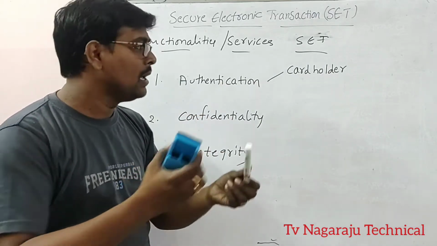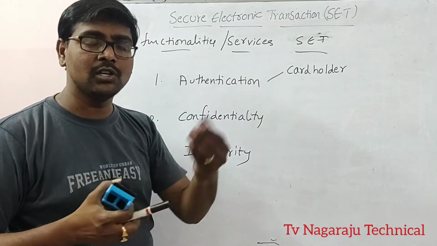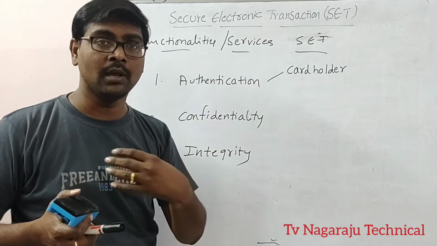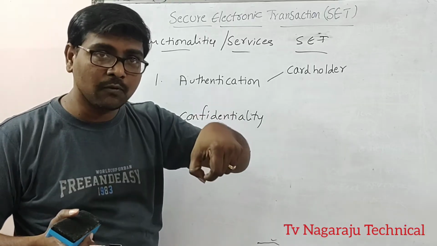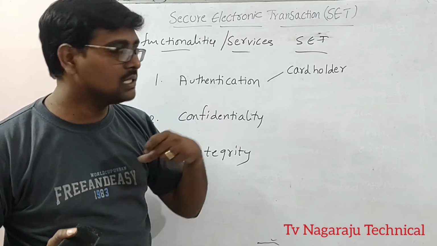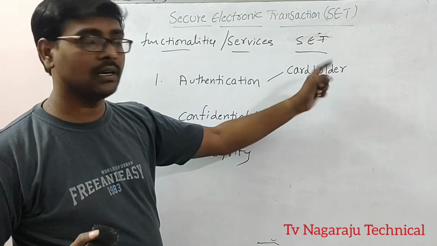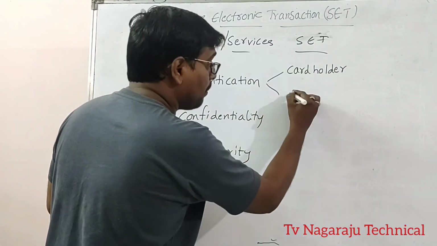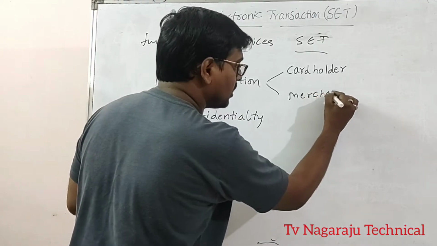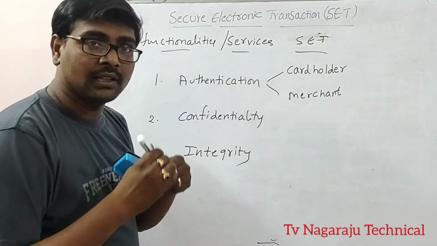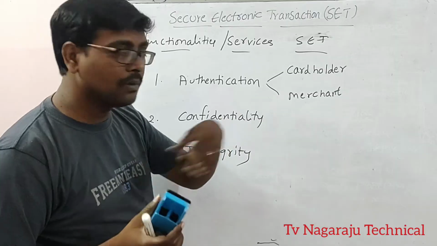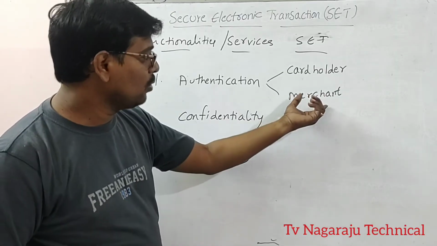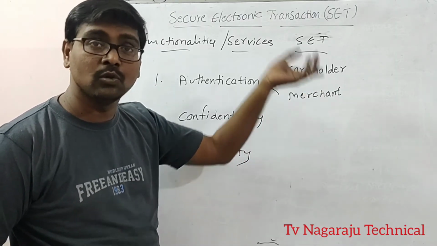I think you know that one. After entering the credit card information, you receive an OTP on the phone. So the person who owns the phone receives the OTP message, and only then does he enter it. So that is cardholder authentication. Now merchant authentication. I give the payment, and now the merchant has to prove themselves through the bank.